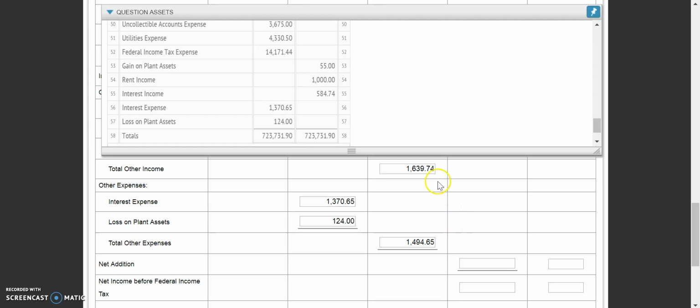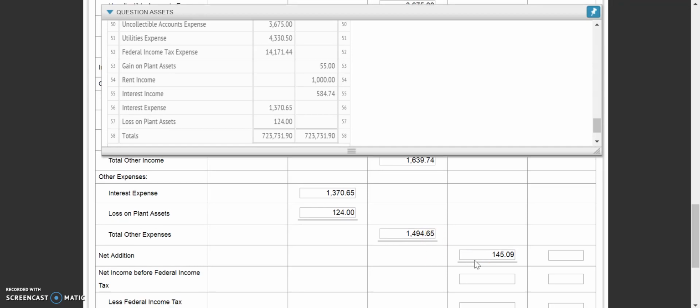So since our other income is greater than our expenses, we're going to be in the positive here. You could also be in the negative if your expenses are greater than the revenue coming in. But since ours is positive, it's positive by $145.09, which is simply the total other income subtracted by the total other expenses.